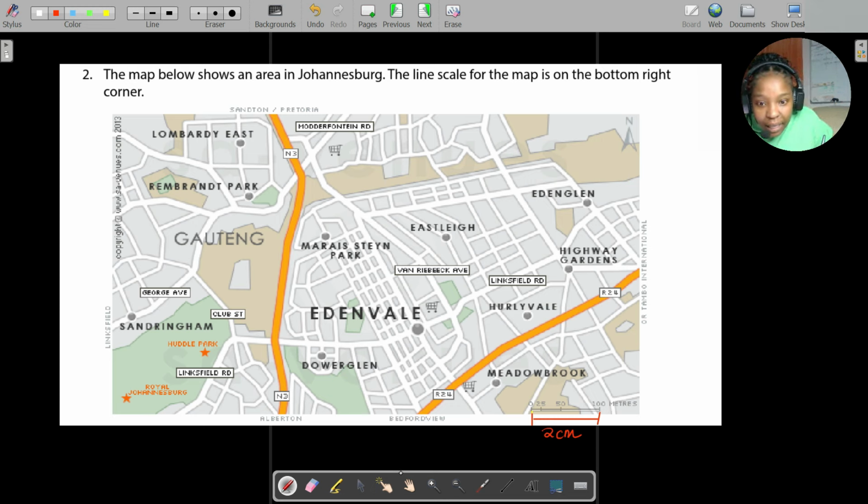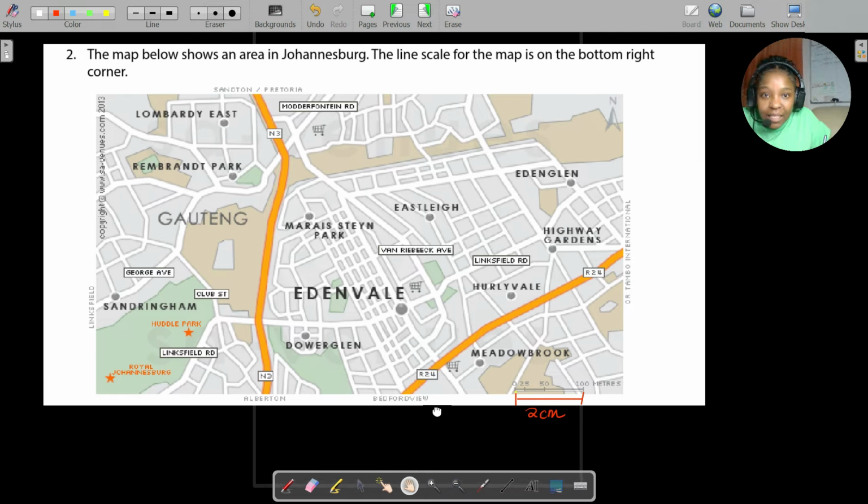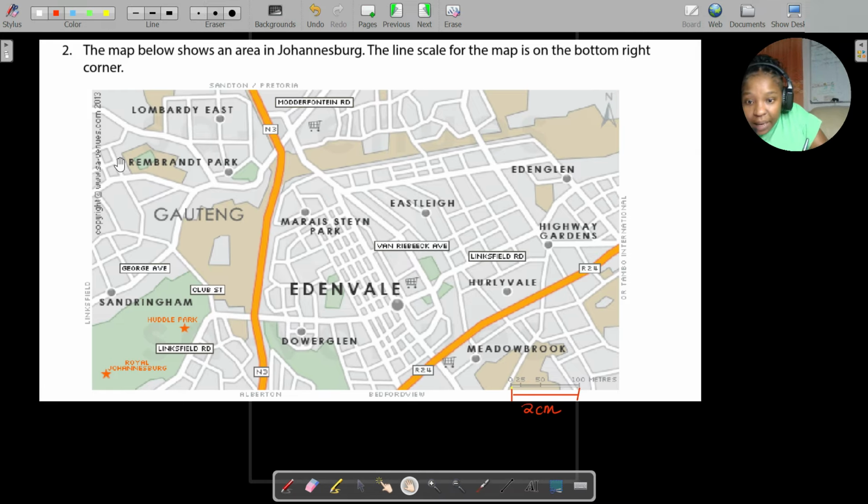It basically means that, from us measuring with our ruler, 2 centimeters on the map is equal to 100 meters in real life. Do you see that a line scale works the exact same way as a bar scale?